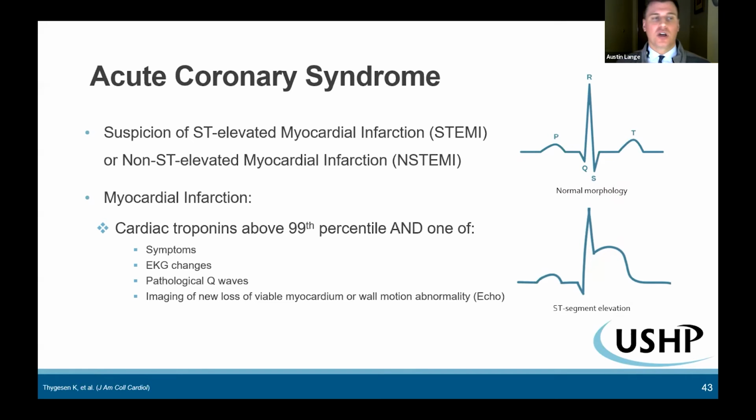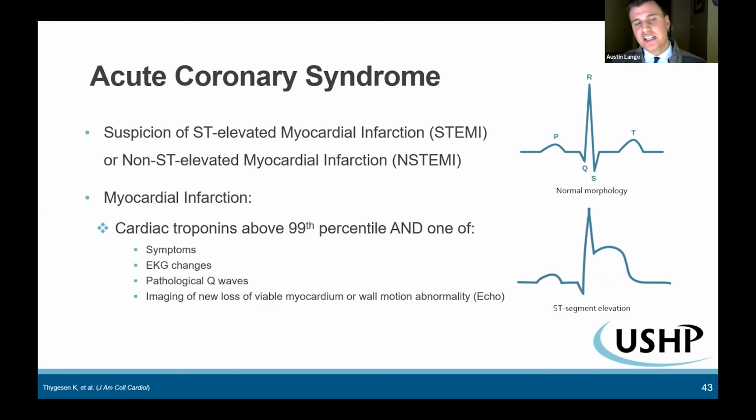and we want to address them appropriately very quickly. So a myocardial infarction in general is diagnosed with cardiac troponins above the 99th percentile, as well as one of the following: symptoms, EKG changes such as ST elevation or depression, as well as pathological Q waves. And these are typically what result from somebody having a prior myocardial infarction, so this might be a second or subsequent event.